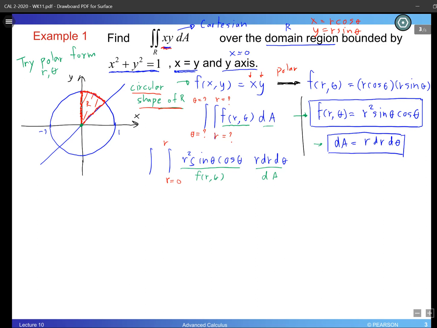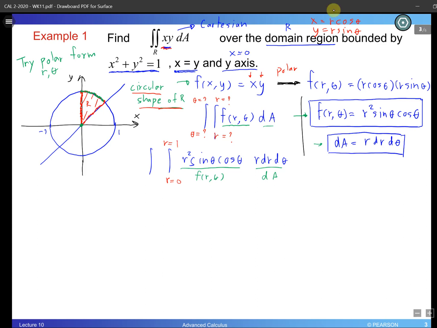Now we can take a look at the outer radius. Outer radius is going to be this line on this circle of radius 1. And as you can see, on the circle of radius 1, of course, r has to be 1. So the outer radius of this double integral is going to be a constant of 1.